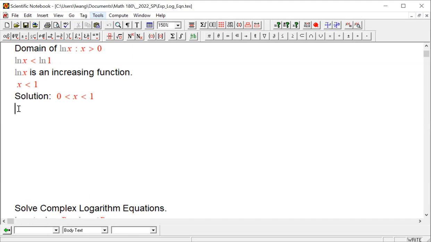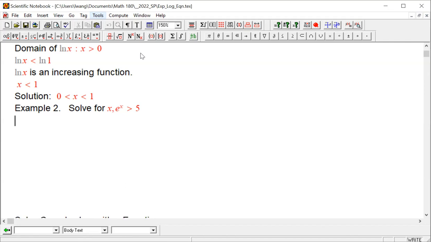Okay, the second question, example number 2, is that we're also solving for x. But this one is an exponential function. So we have e to the power x larger than 5. Domain-wise, e to the power x has a domain of all real numbers.